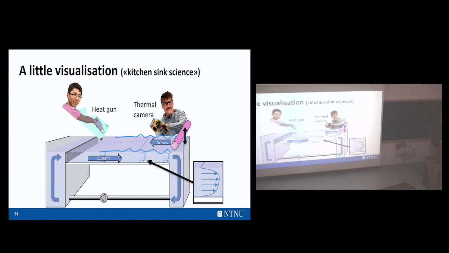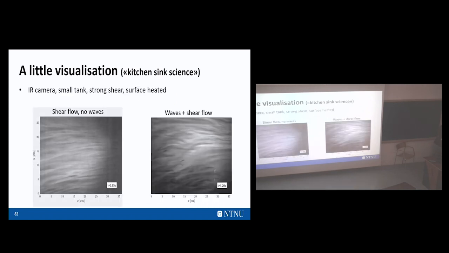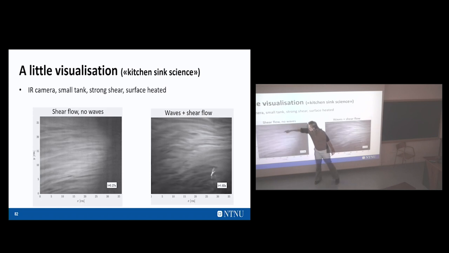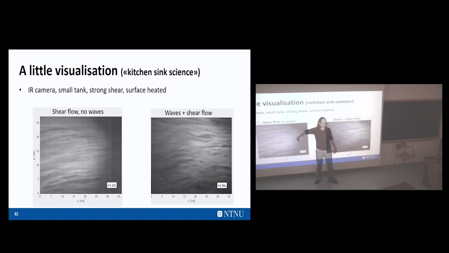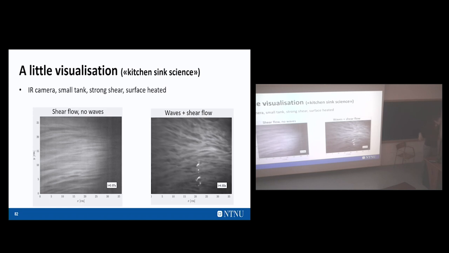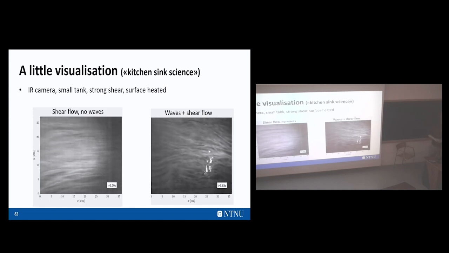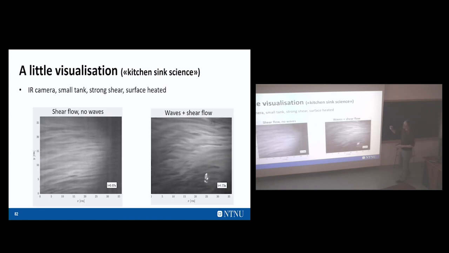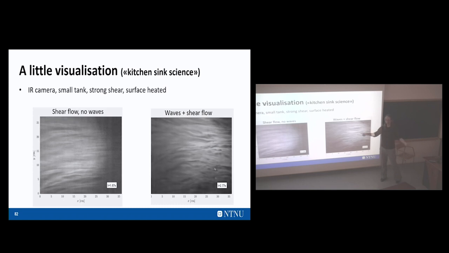Now you see to the left, it's without any waves. You see there is some streakiness in the boundary layer, which you always have. The bright is the hot areas of this high skin temperature. The low is where the bulk water comes up.